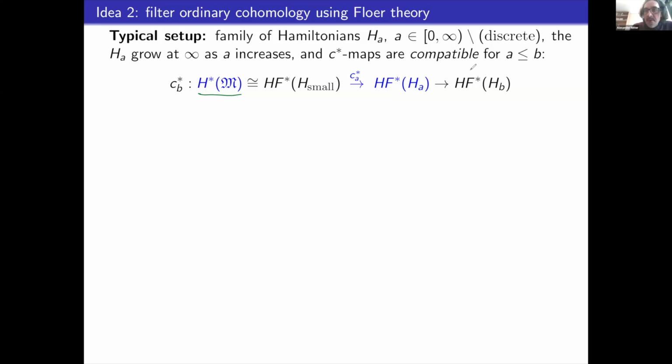Okay, and now I'm going to tell you about which class of manifolds this applies to. So first, the class of examples that many of you are probably familiar with: most non-compact symplectic manifolds that we've been studying in symplectic topology are convex symplectic manifolds. So at infinity, they're very nice. They look like a contact manifold times a radial coordinate, so it's a positive symplectization. At infinity, we typically assume that the symplectic form is exact.